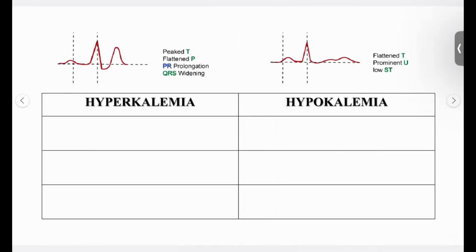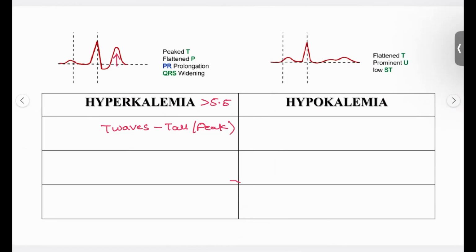Next, moving on to the electrolyte imbalances of hyperkalemia and hypokalemia. What are the changes that are specifically present in these patients? When I say hyperkalemia, it is commonly a potassium level of more than 5 millimoles in the blood. What are the changes that are specifically seen, especially T wave changes? The T waves present as tall and peaked. Here in the ECG you can see the T wave is completely elevated.